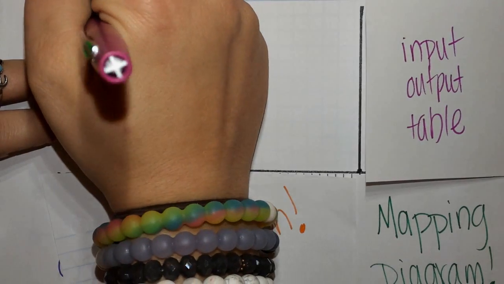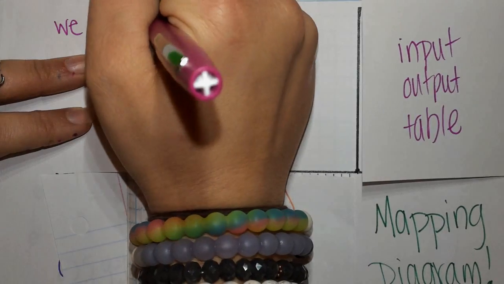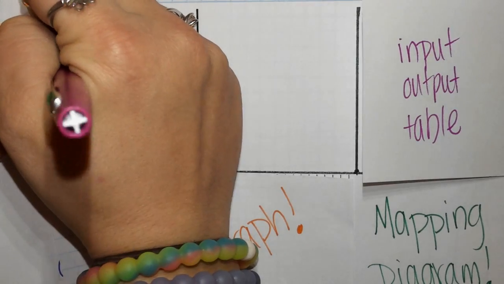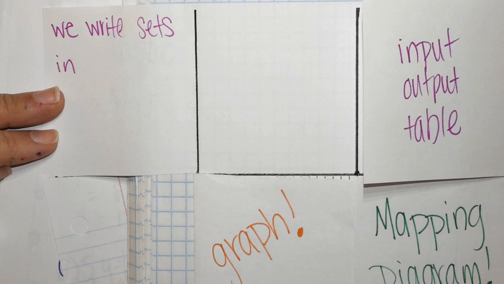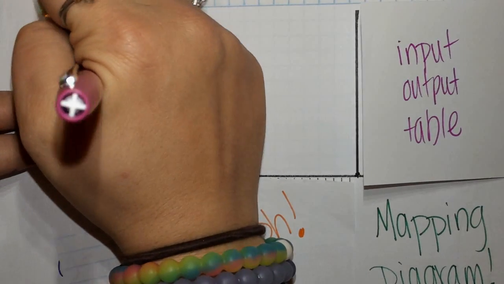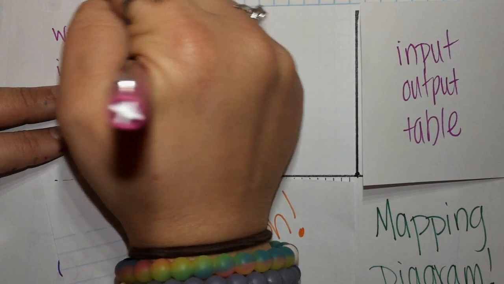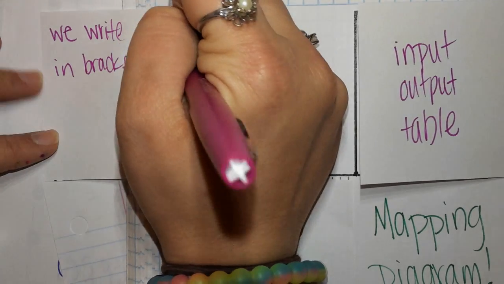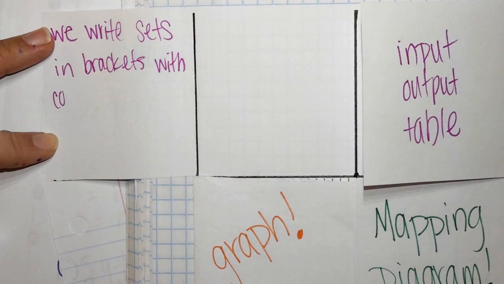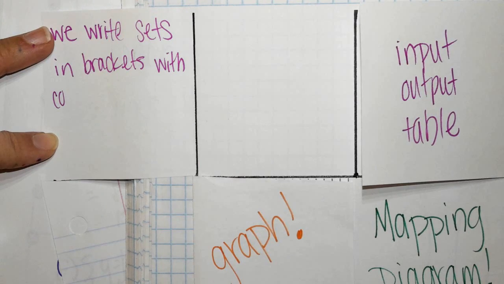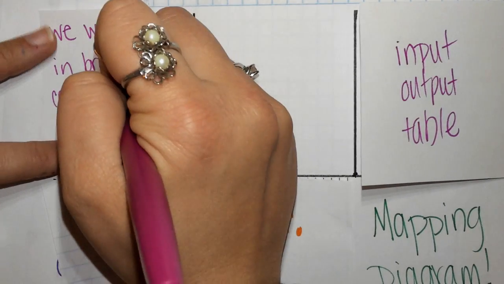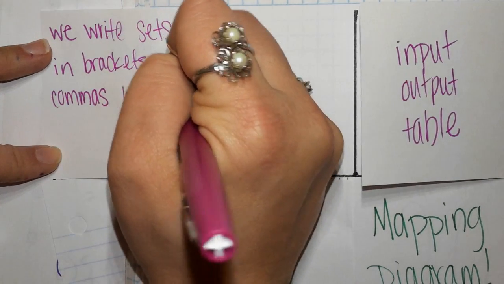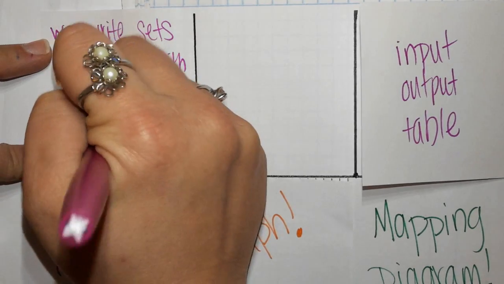We write sets in brackets. That's the squiggies. With commas. Commas, not comas, guys. C-O-M-M-A-S. Between each pair.